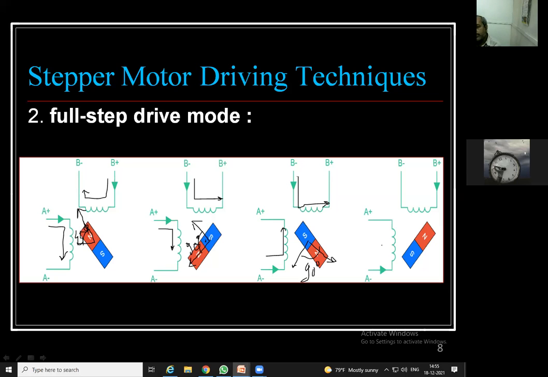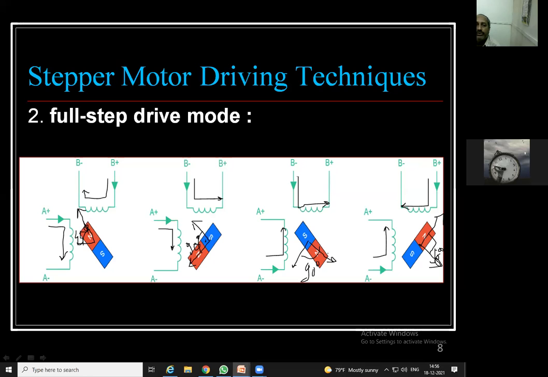And in the last step, that is the fourth step, you will observe that the current is in this direction, and again changed in this direction, and this north south is attracted here, and it rotates over here. So again it has a 90 degree step angle.